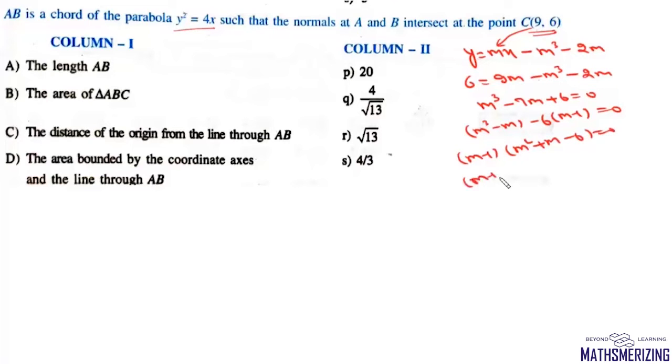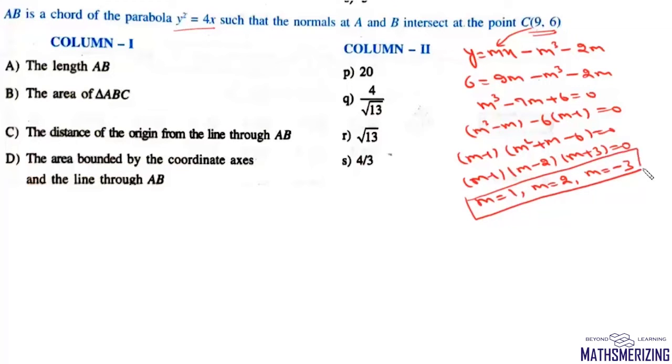So it will be (m − 1)(m − 2)(m + 3) = 0. So we'll get three values of m: either m is 1, or m is 2, or m is −3. So these three points represent co-normal points and their slopes are 1, 2 and −3.